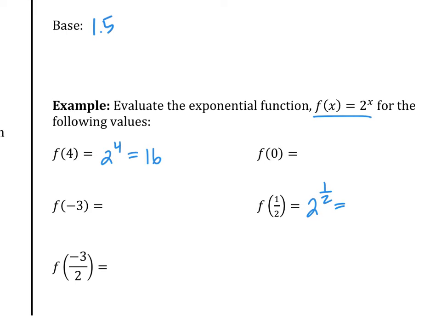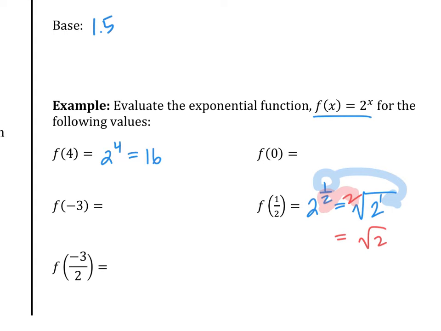Basically, when you have a fractional exponent, the base always goes inside, the numerator of the exponent goes in as the exponent part, and the denominator goes outside as the index. We know that a second root just means square root. So this is really just the same as the square root of 2.